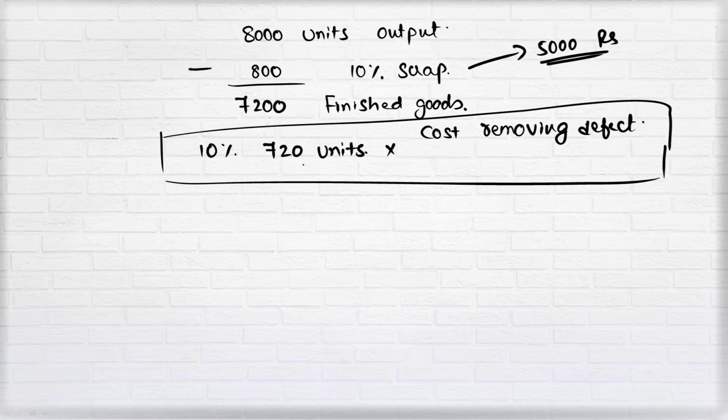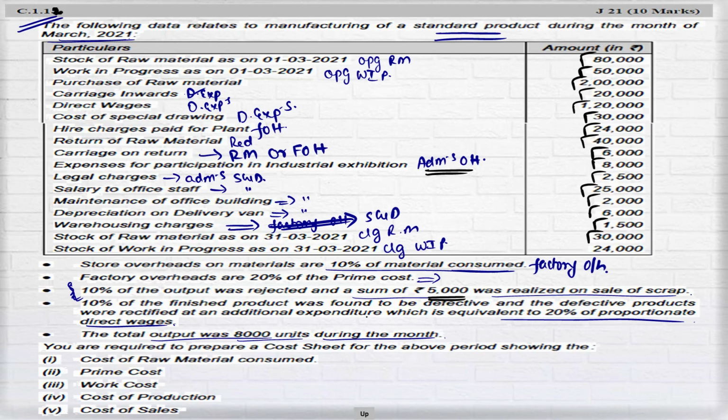So to rectify these 720 units, you would be incurring 15 rupees labor cost, but you don't need to manufacture, you just need to rectify. And so they say at an additional expenditure which is equivalent to 20% of wages.